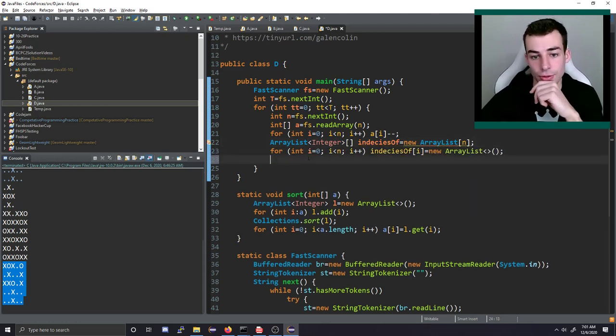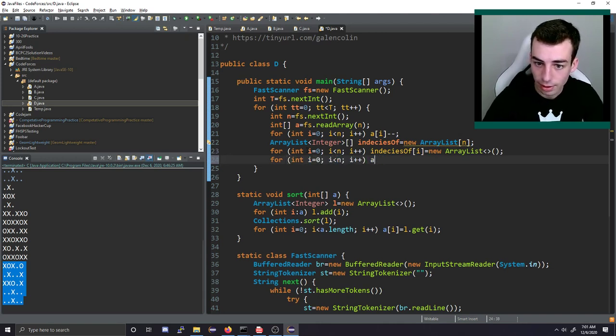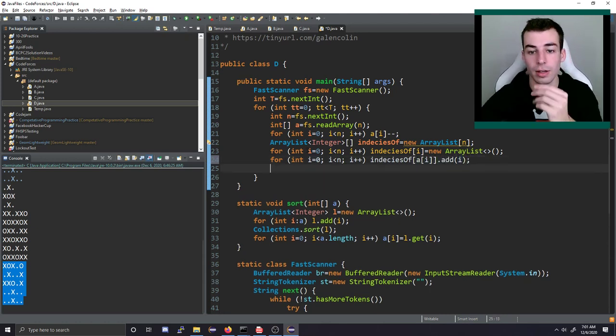So we've got this: for i equals 0, indices of i dot add i.